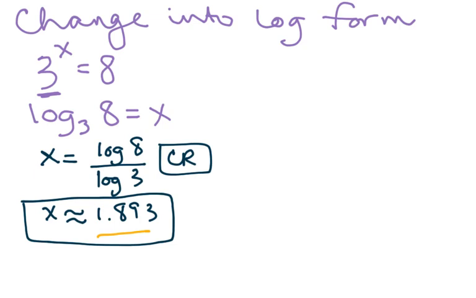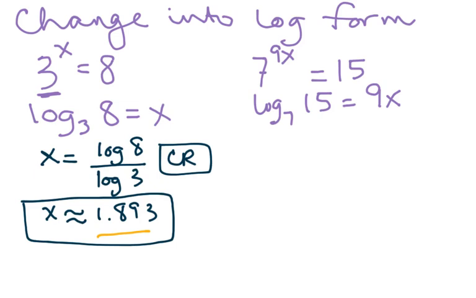Here's another example. Say I have 7 to the 9x power, so it's a little weirder, and it's equal to 15. I want to get that exponent, that variable, out of the exponent. So again, I can rewrite it into log form. So it's going to be log base 7 of 15 equals the exponent.